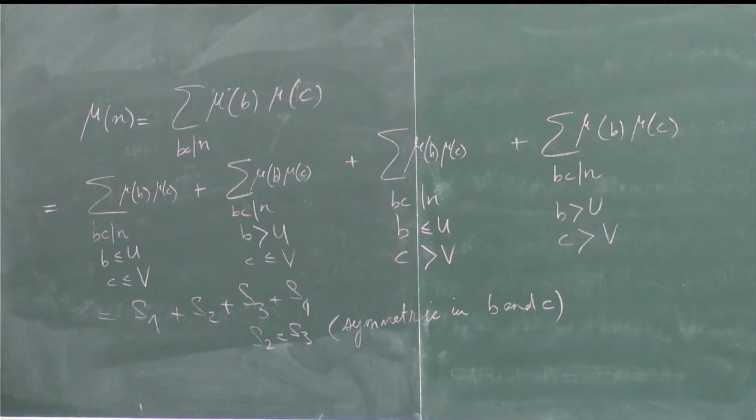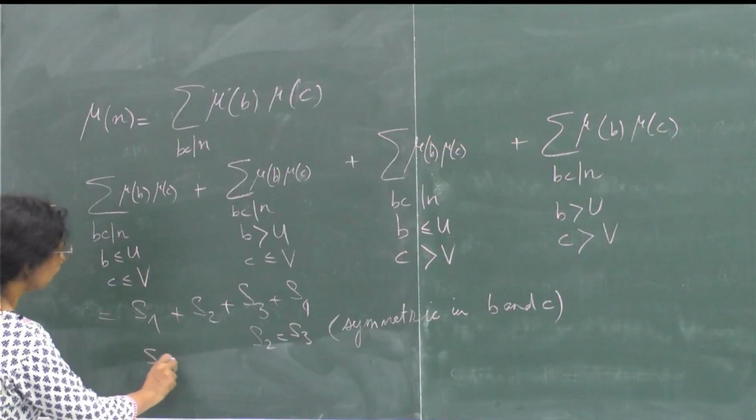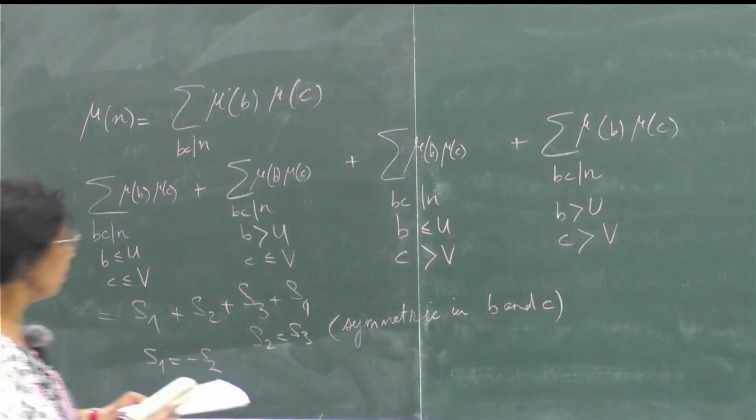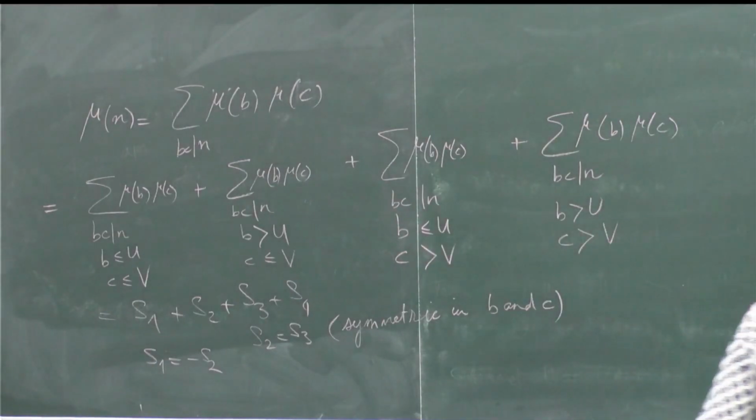So S1 is equal to minus S2. So these two go away. You see why S1 is equal to minus S2? Because I can write this as mu of n is mu b mu c, bc divides n, and all those things I can write.